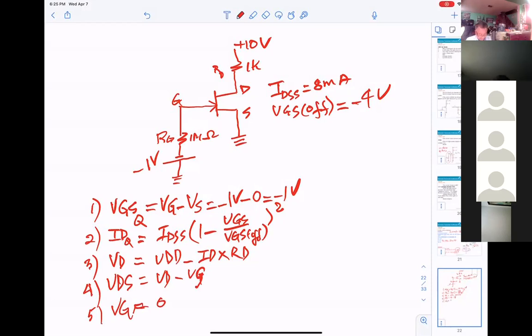What equals 0? VS. VS is in Frank? Oh, okay, right here. So that will guarantee you know how to calculate for the fixed bias.